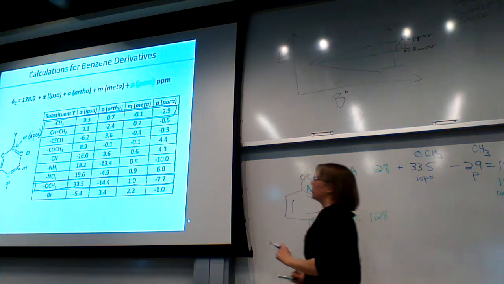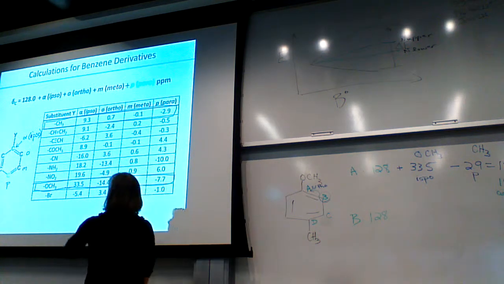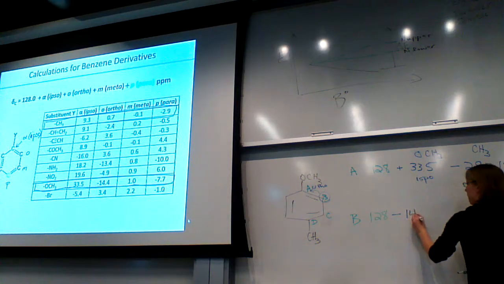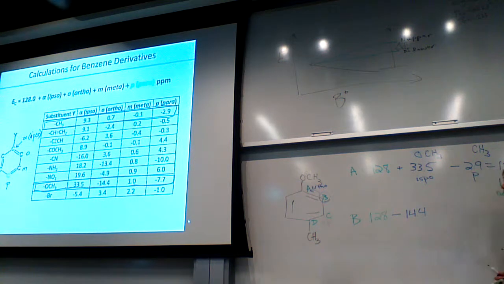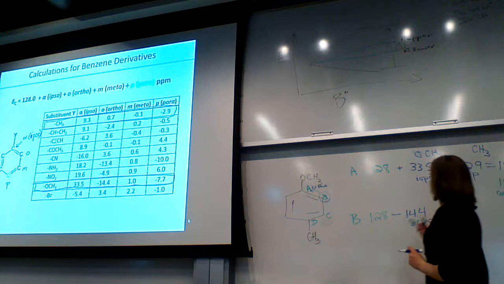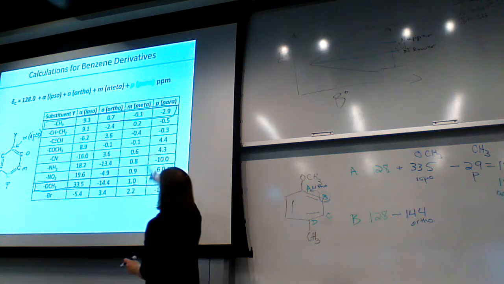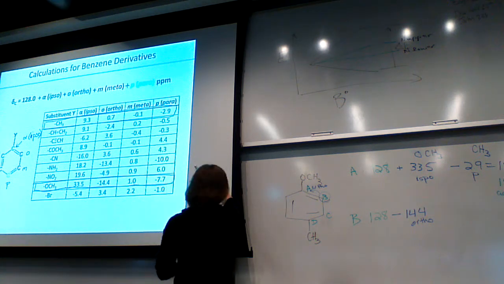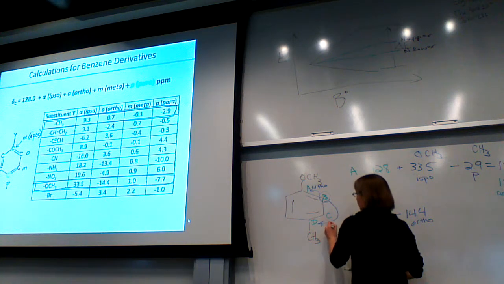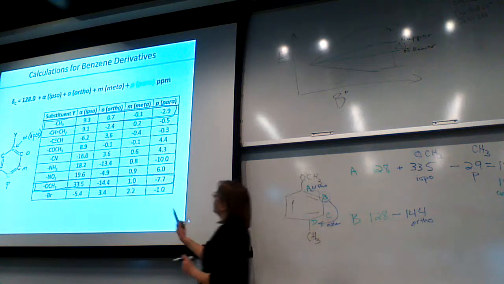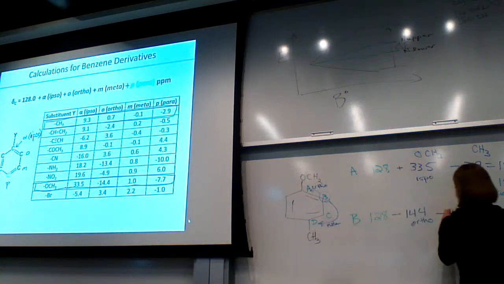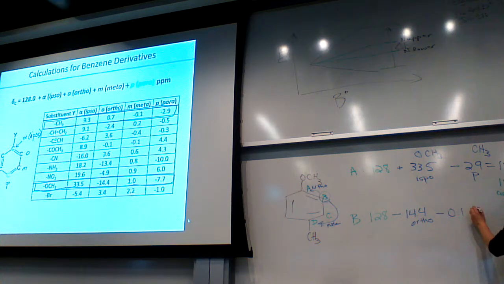So now we're going to use the ortho value for our methoxy, which is negative 14.4. And then our methyl group is not para anymore, because we're right here, so we're going to go with the meta. And the meta, for the methyl, is a very small correction of negative 0.1 parts per million.